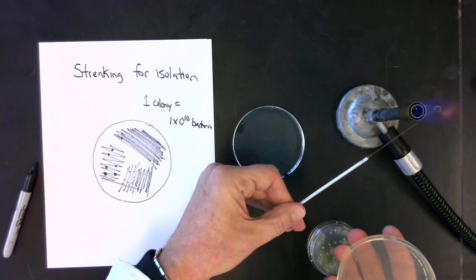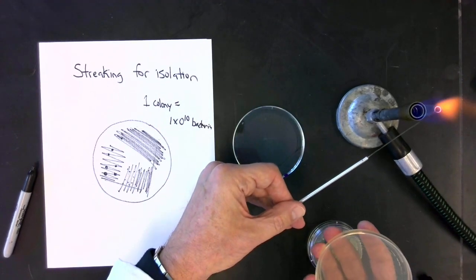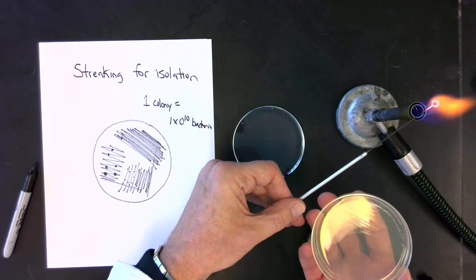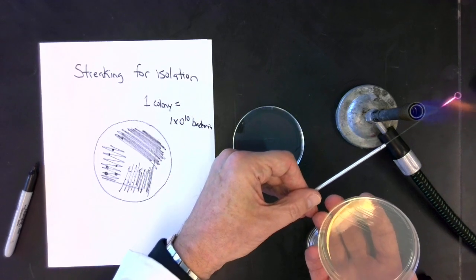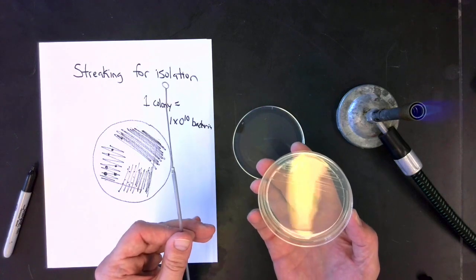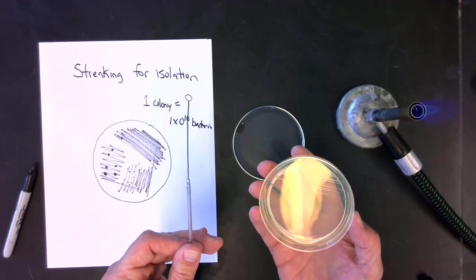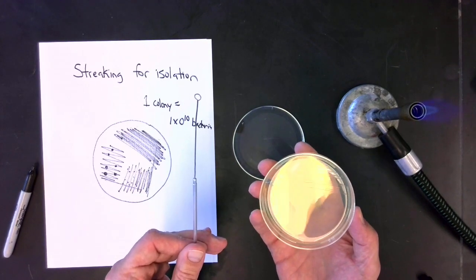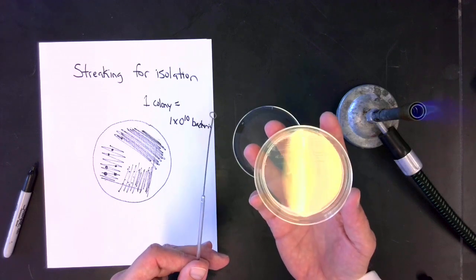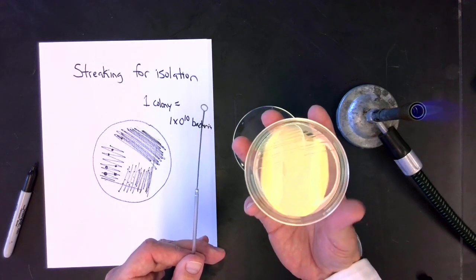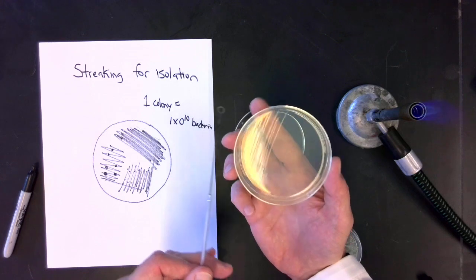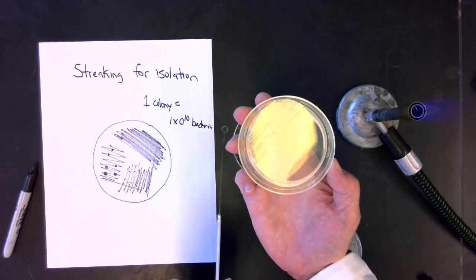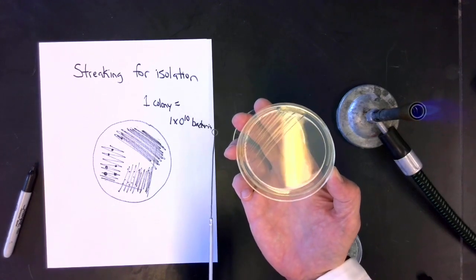Then I would sterilize the loop again. Let it cool. I rotate the plate, so I rotate it in my hand. And you can even see in the reflection where I already streaked before.